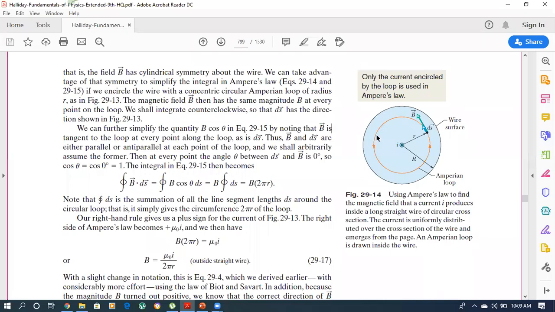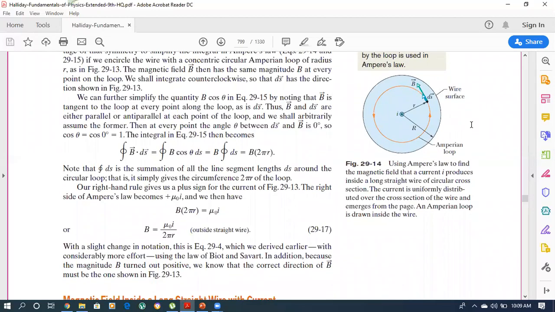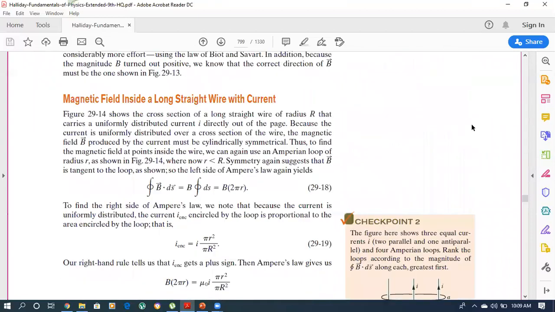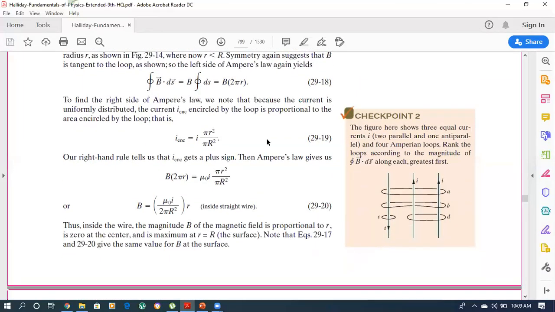The radius of the Amperian loop is less than the radius of the wire, so there will be some ratio. Current will reduce accordingly as the ratio of the radii changes. So the net current enclosed by this Amperian loop will change.